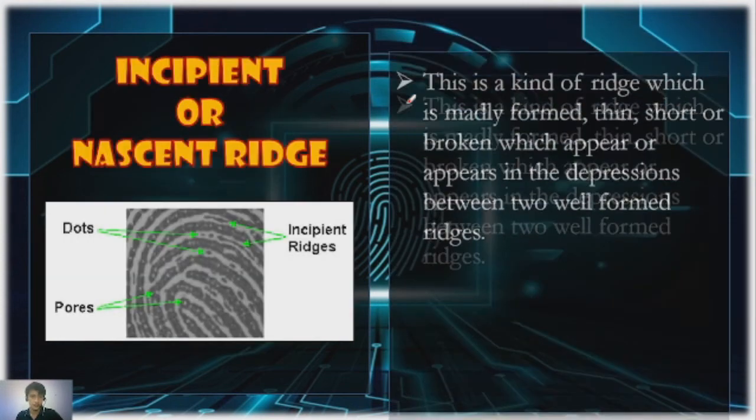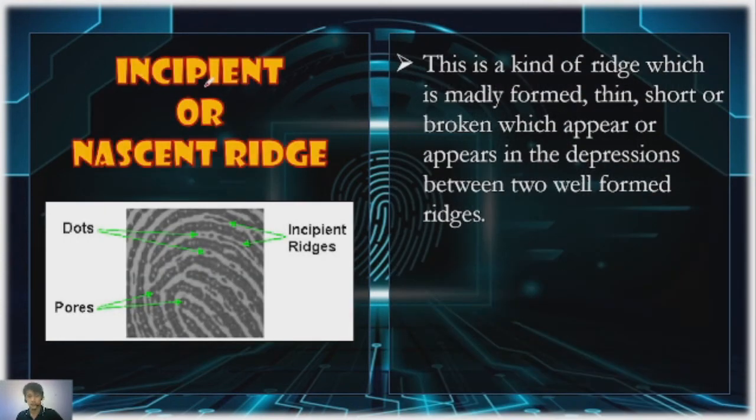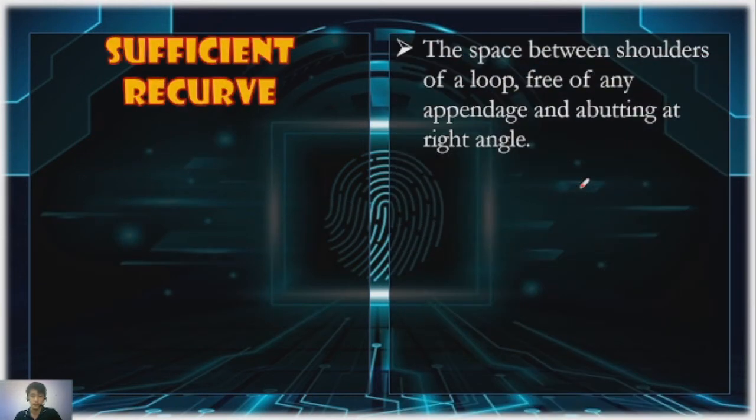And then we also have the term incipient ridge or nascent ridge. So what do we mean by incipient or nascent ridge? It says in here, a kind of ridge which is weakly formed, thin, short, or broken, which appears in the depressions between two well-formed ridges.